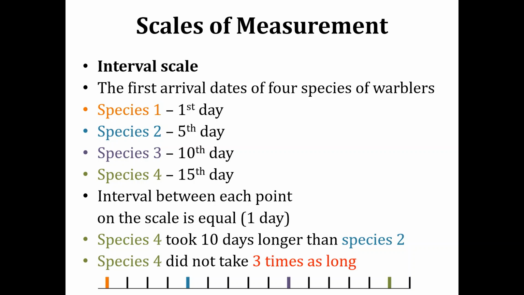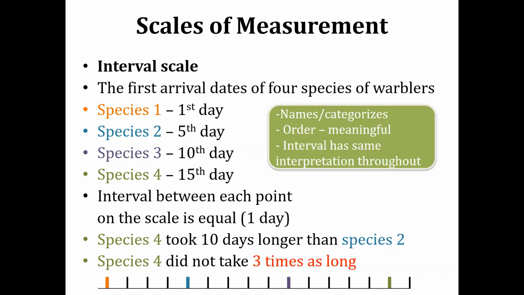But because we don't have a 0 point, we cannot say that species 4 took 3 times as long as species 2, right? So this is the interval scale, and the interval scale is a proper scale with uniform distance among units of this scale, and on that scale we can measure for our individuals in the statistical population, for our classes in the statistical population, like we have done here.